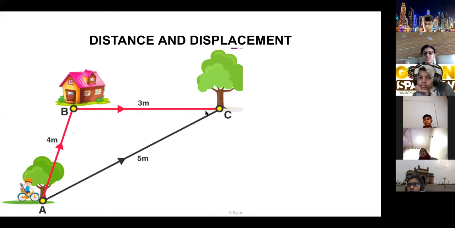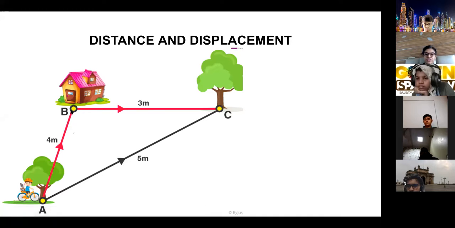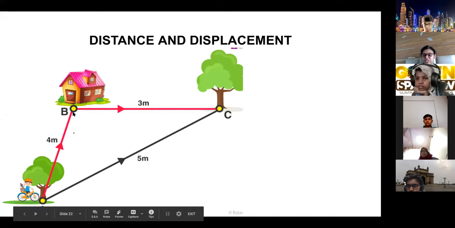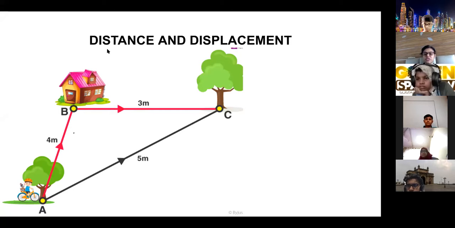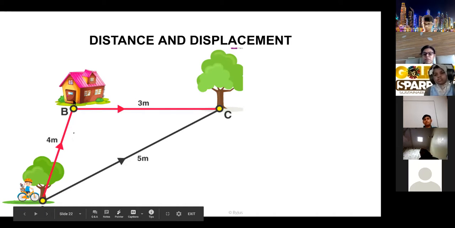So distance and displacement sometimes might be the same. For example, if this person starts his journey over here and ends his journey over here, then in this case the distance and displacement are both the same. But in this whole situation, the distance and displacement are different. Always remember, distance is the actual total path covered.